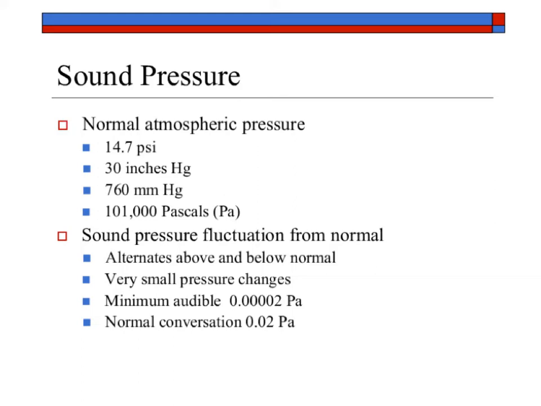Now compare that to the normal atmospheric pressure of 101,000 pascals, and you can see it's a very minute fluctuation, but our ears are extremely sensitive to these very small atmospheric changes. Now that's the minimum pressure change that we can hear. Normal conversation is at a much higher pressure change of approximately 0.02 pascals, but still that's very small compared to the normal atmospheric pressure.